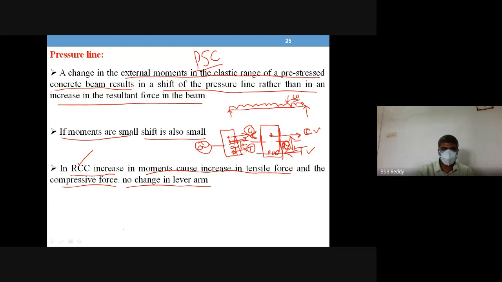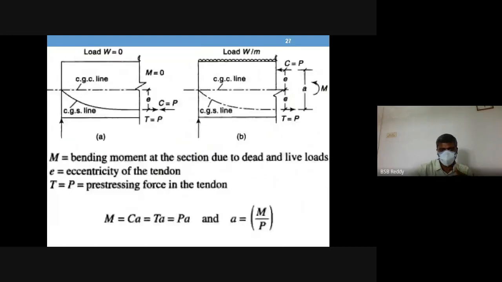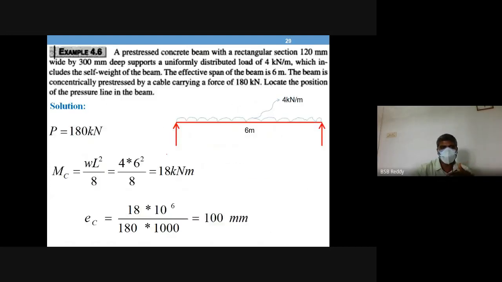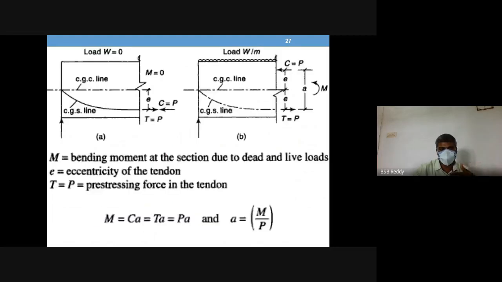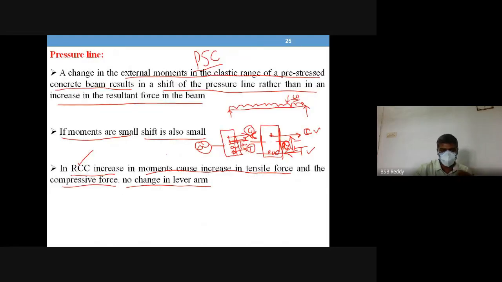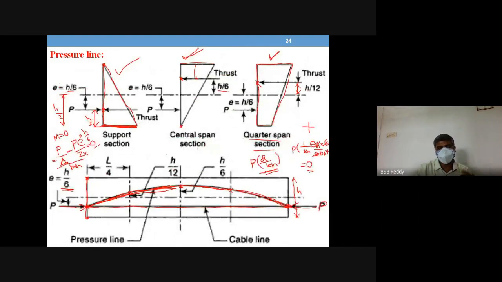This is the load carrying mechanism in pre-stress when compared to RCC. That will be explained with diagrams, and we will see how to find stresses with this concept. We'll clearly discuss it in the next session.